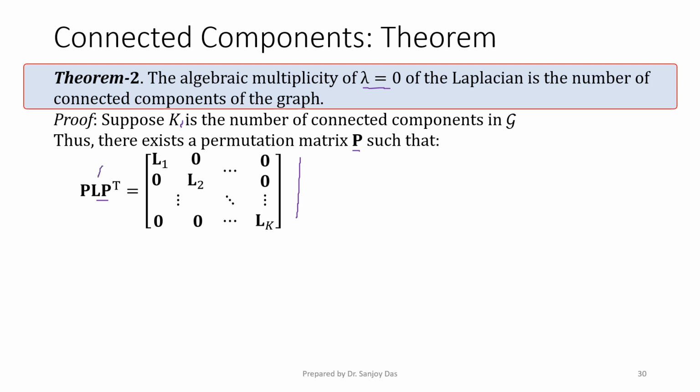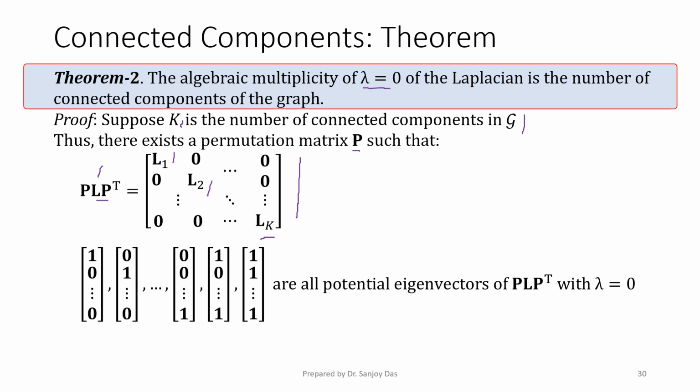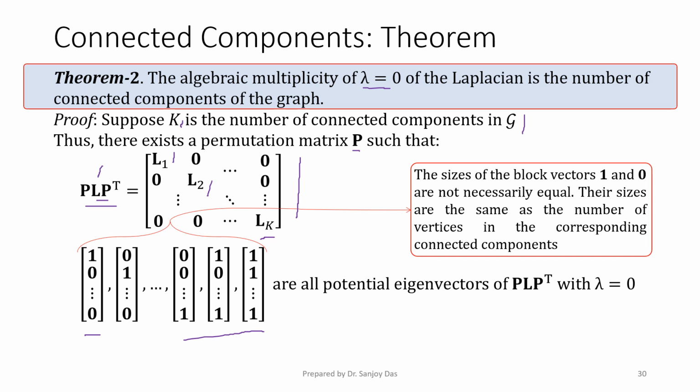L is the Laplacian of this graph, and P is our permutation matrix, and L1, L2 until Lk are the smaller Laplacians of the connected components. The potential eigenvectors of this transformed Laplacian will be 1, 0, 0, 0, 0, 1, 0, 0, all of these. As a side note, these 1s and 0s are block vectors, but they are not of the same sizes.